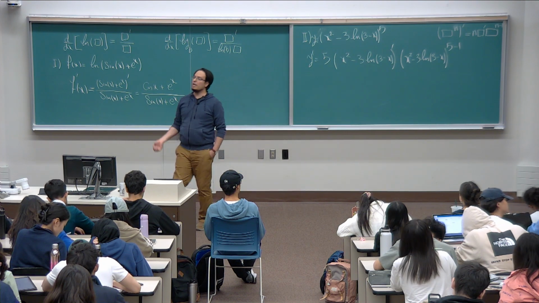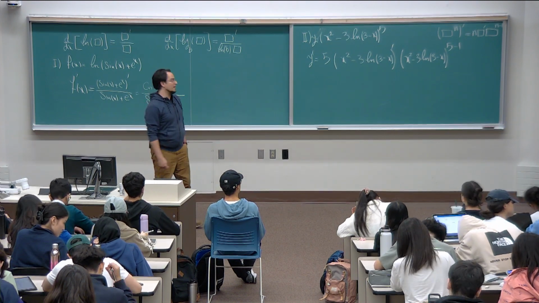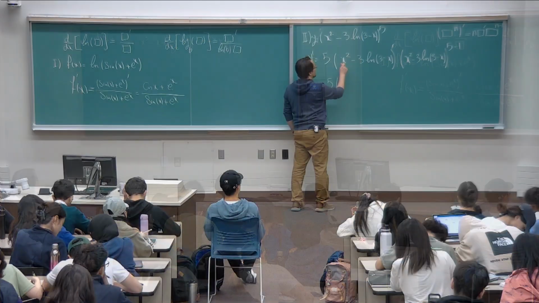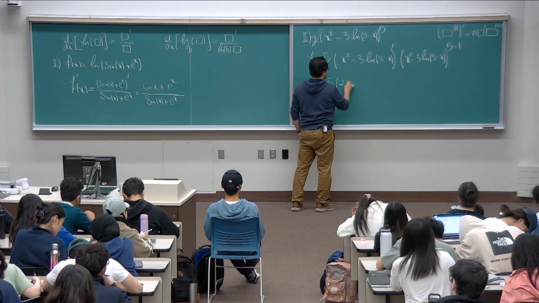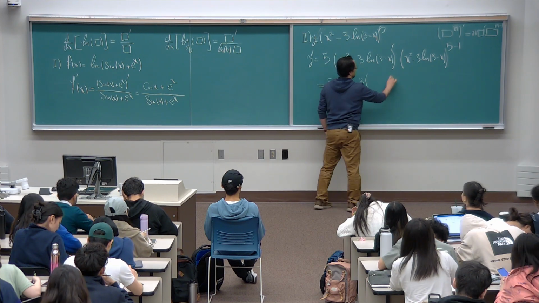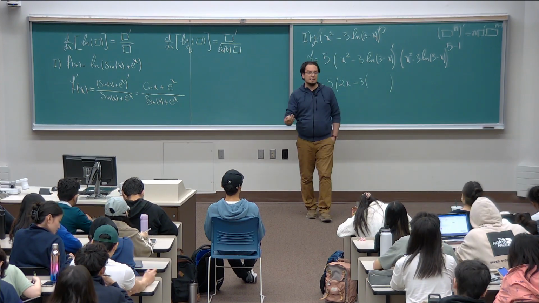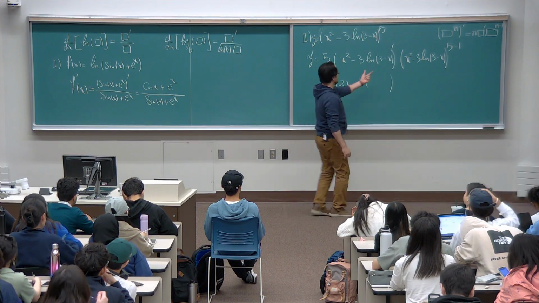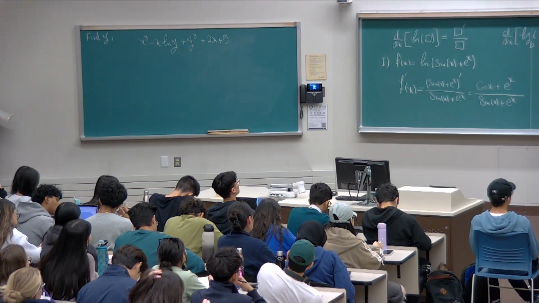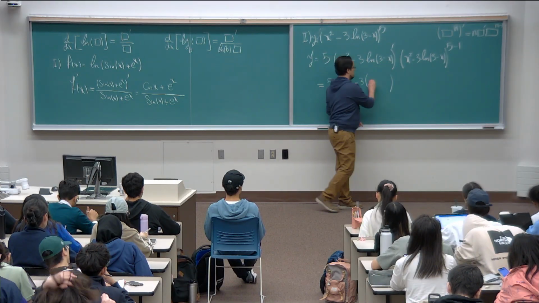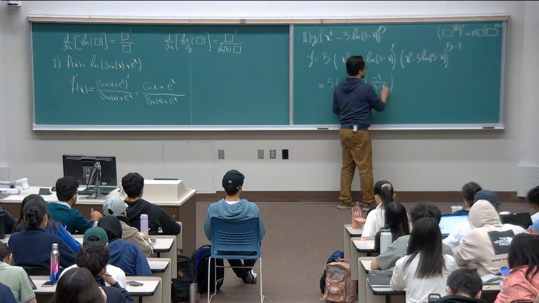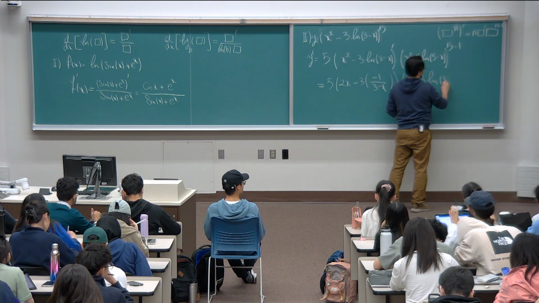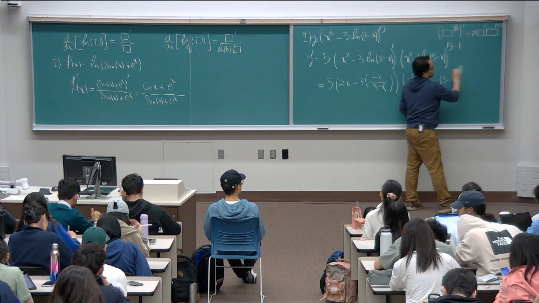Yeah, that's power rule plus chain rule. And here now, I have derivative of x squared is 2x minus 3. Derivative of ln box is box prime over box. So here, box is 3 minus x. Derivative of 3 minus x is negative 1 over 3 minus x. And then you have x squared minus 3 ln of 3 minus x to the power 4.